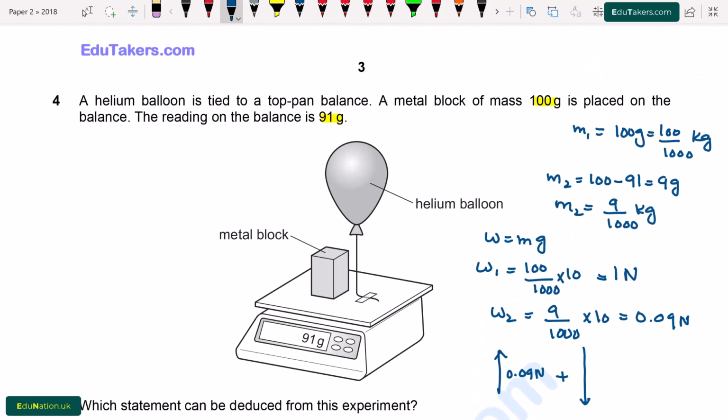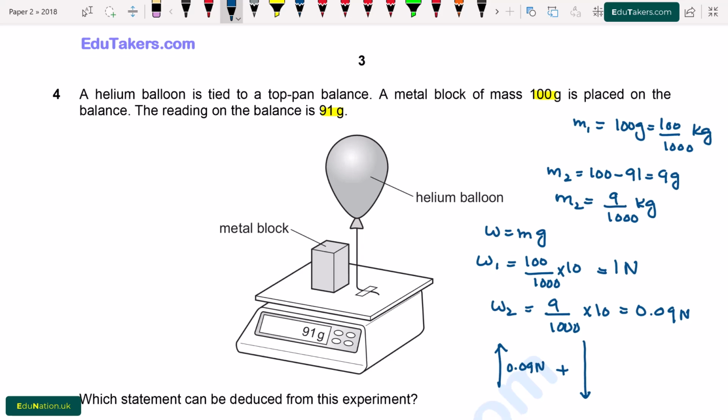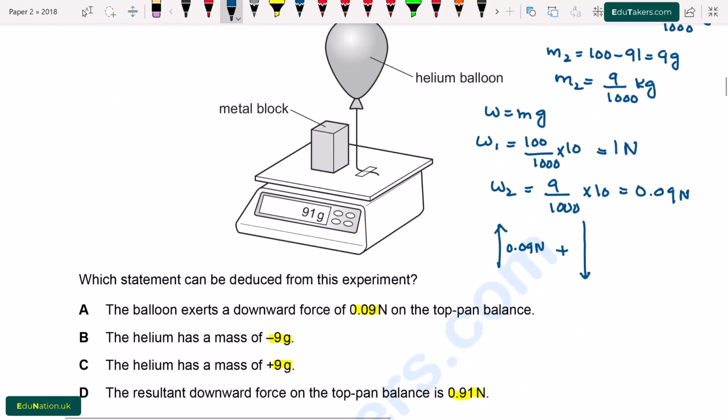Because when we place the metal block on the top pan balance, the reading on the balance decreases. It means that both of these are acting in opposite directions. So I write here 1 Newton. The total resultant force will be equal to 1 minus 0.09, which is equal to 0.91 Newton.